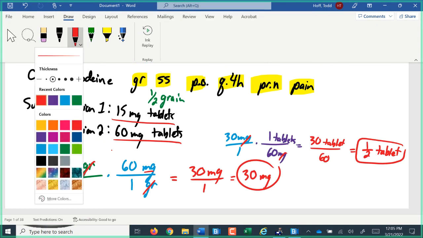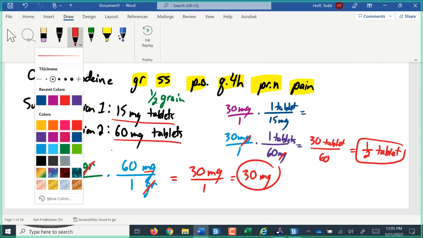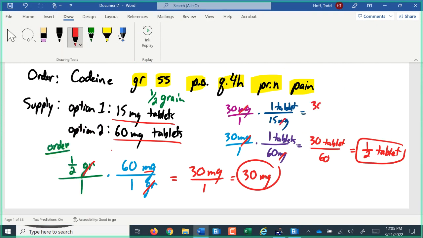But if we looked up the other option, order for 30 milligrams and 15 milligram tablets, milligrams cancel out. 30 times 1 tablet is 30 tablets. 1 times 15 is 15. 30 tablets divided by 15 would be 2 tablets. Much neater to give 2 tablets to the patient than to try to give a 1/2 a tablet. Either one of those would be accurate. That would probably be the preferred method, is to use the 2.